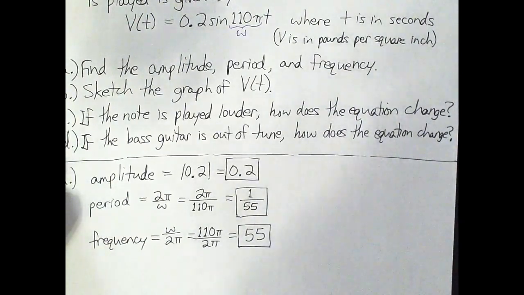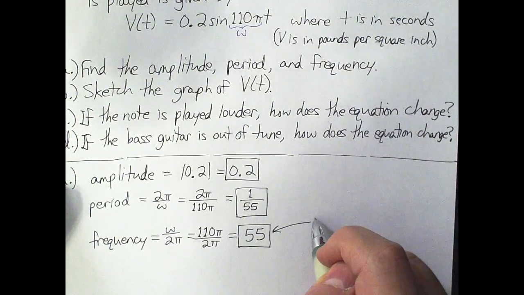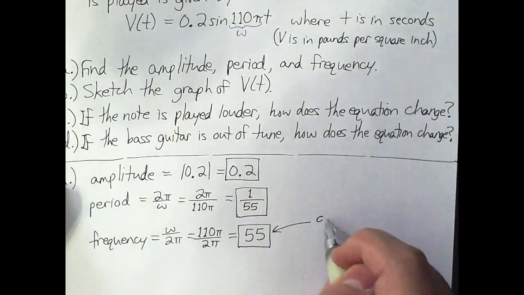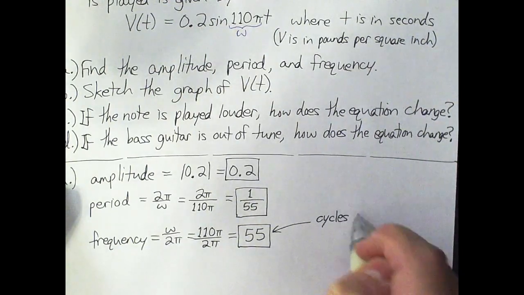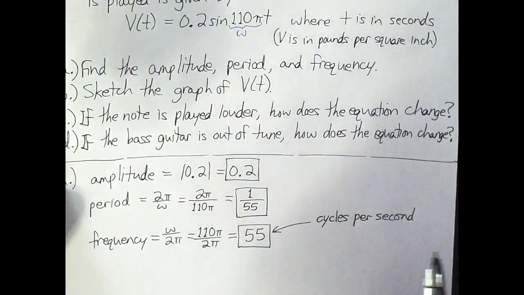So we're done with part A, but I just want to say one thing before we move on. Frequency is cycles per second. I mean, really, we said that the frequency is the number of cycles per unit of time, and this problem said that time is measured in seconds.